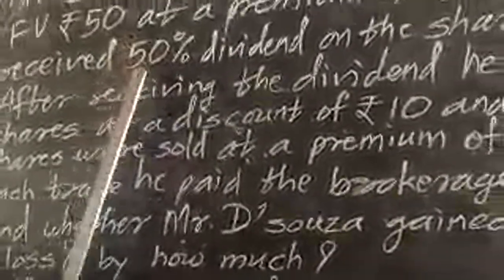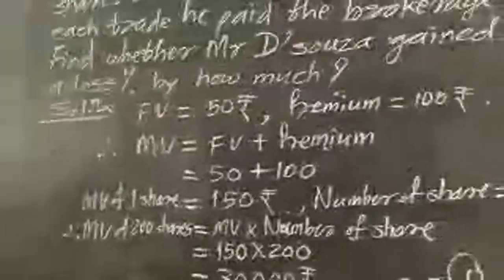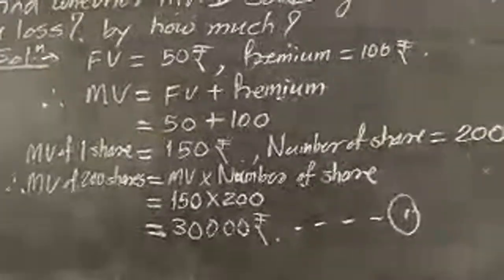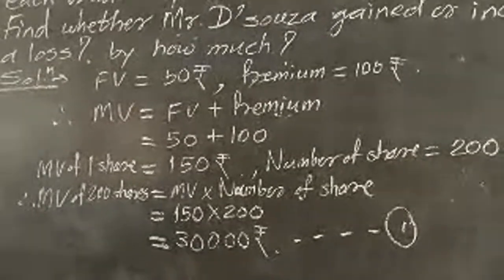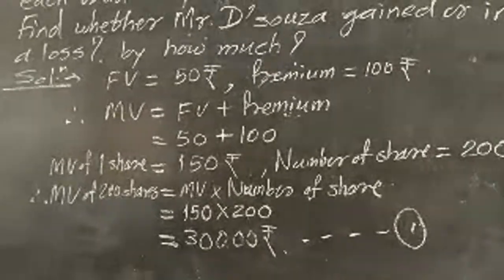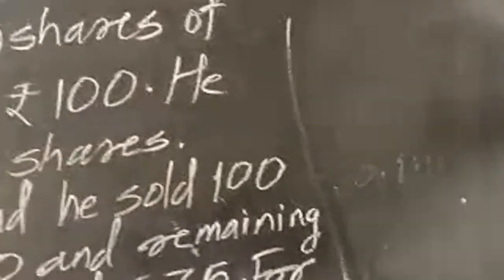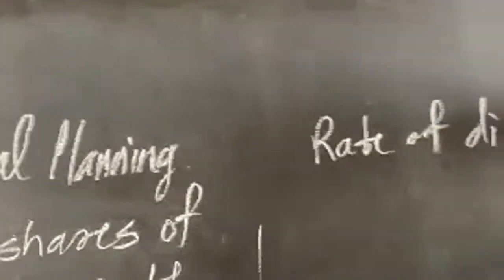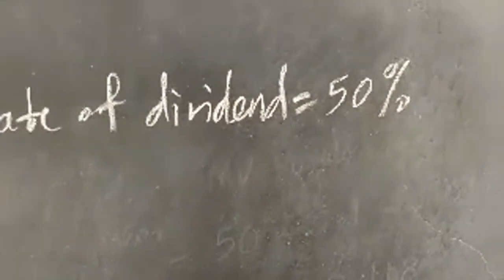Rate of dividend, that is correct. 50% dividend is given, so the rate of dividend is equal to 50%, and therefore what do we find out?